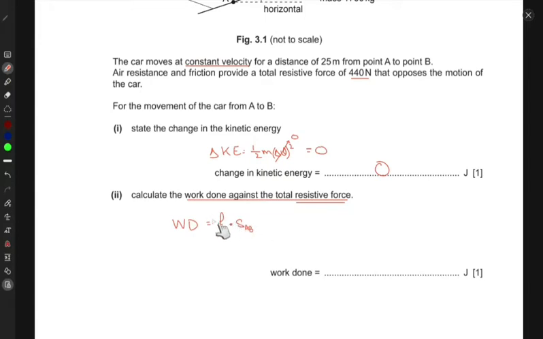So this would be the work done by this frictional force. This dot product ensures that the frictional force is causing this displacement. The frictional force is 440 newtons from the statement, and the distance it covers is 25 meters. So this would be 1.1 times 10 raised to power 4 joules.